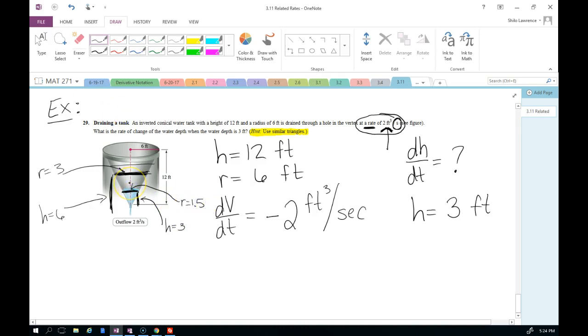That relationship between height and radius inside the cone will always be true. So height is always going to be double the radius. And we can use that to replace one of the variables in our volume equation.